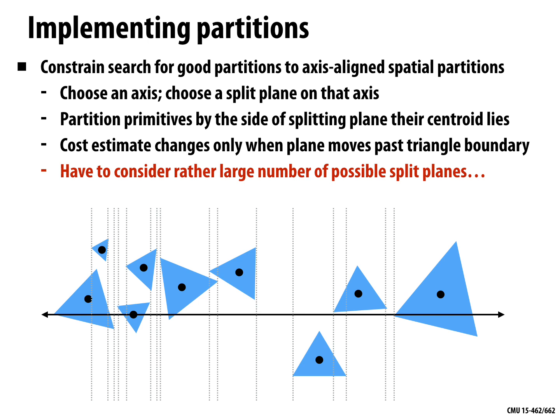You could try all sorts of different strategies for figuring out how to split things up. But the reality is a lot of the sophisticated things you try often lead to incremental gains or no gains at all. It doesn't really make a difference in the big sense. Okay? So a pretty good practical strategy is to constrain the search for good partitions to axis-aligned spatial partitions.